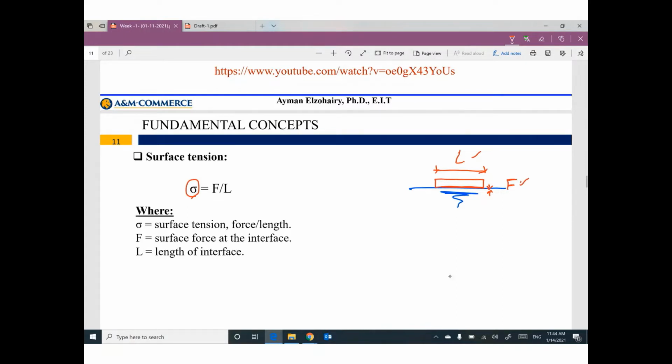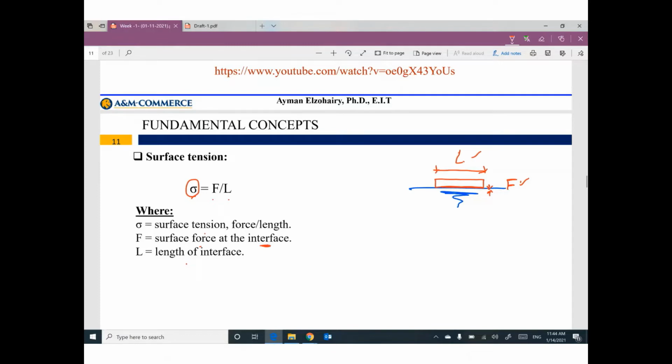Surface tension equals force divided by L. So sigma is surface tension, F is the surface force at the interface between the water surface and the metal, and L is the length of the interface.